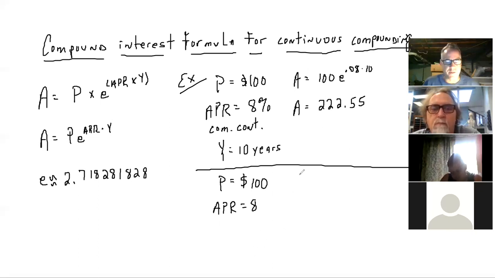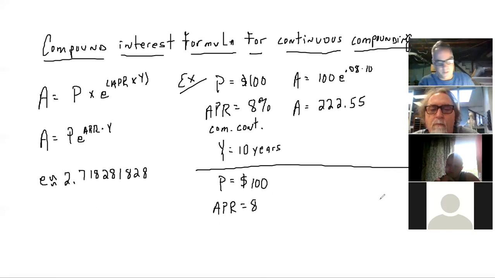So now I have to remember the formula. A will be your principal times 1 plus 0.08 divided by the number of compounding periods, which would be 4. And then up here, it's going to be 4 times the number of years, which was 10.